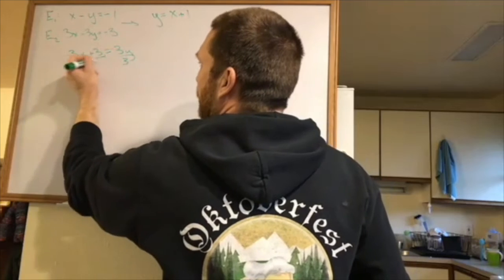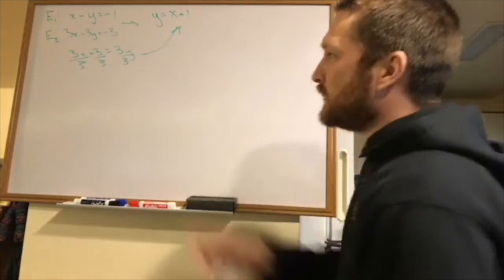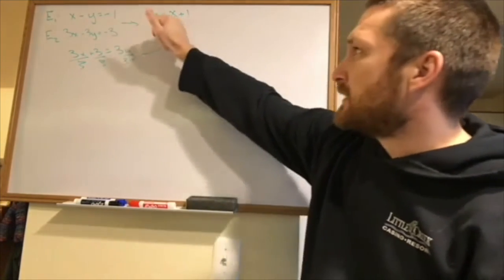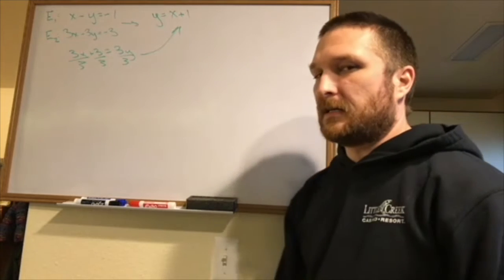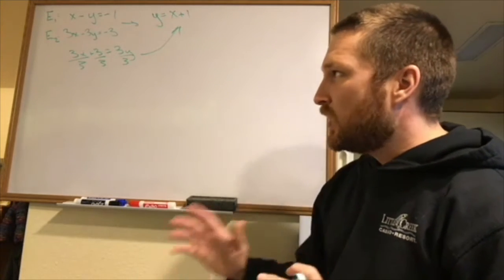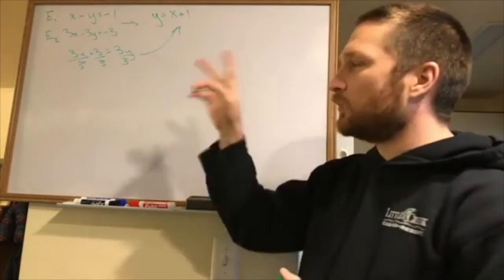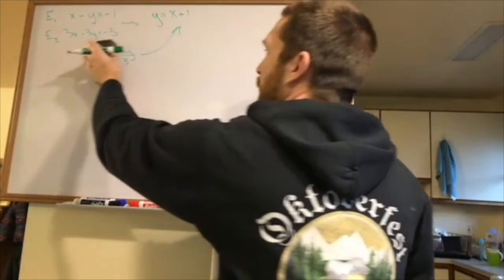Divide everybody through by 3, and you end up with the exact same equation. That just says y equals 1 plus x, which is the same thing as that, right? And so it's easy to see in the case with 2 equations. And we can see that's the only possibility to have a linear combination when you have 2 equations with 2 unknowns, right?